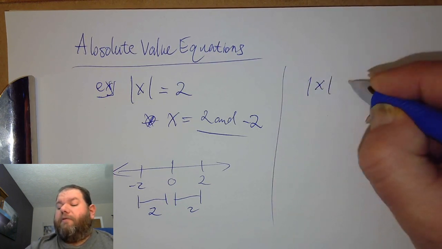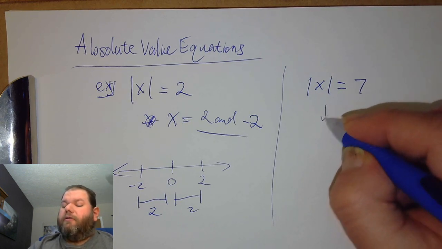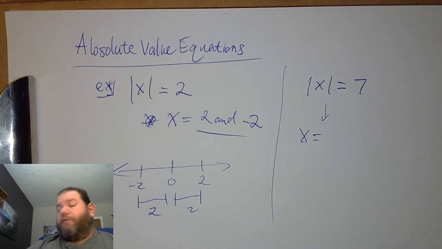If we say the absolute value of x is equal to 7, what would x equal in that scenario? Seven and negative 7. Excellent.